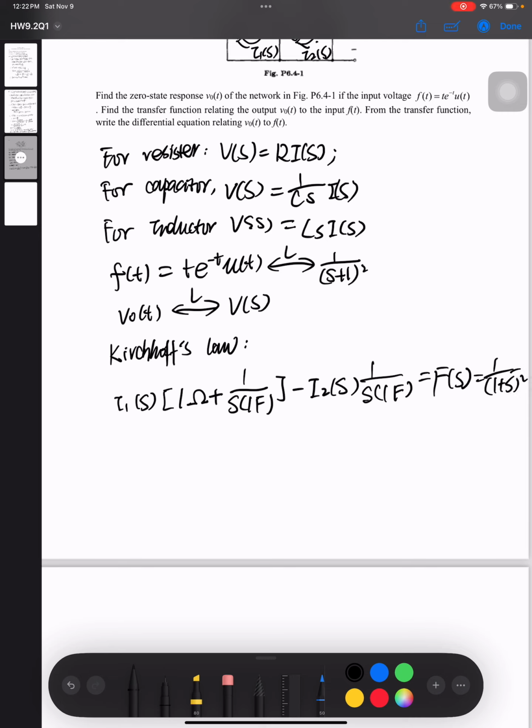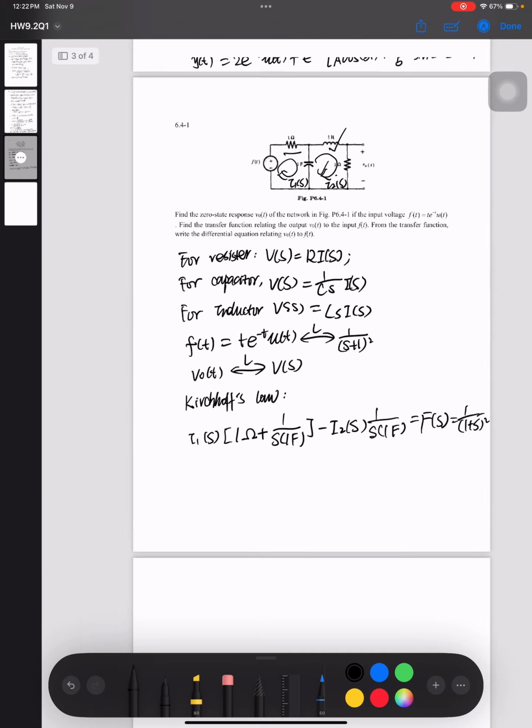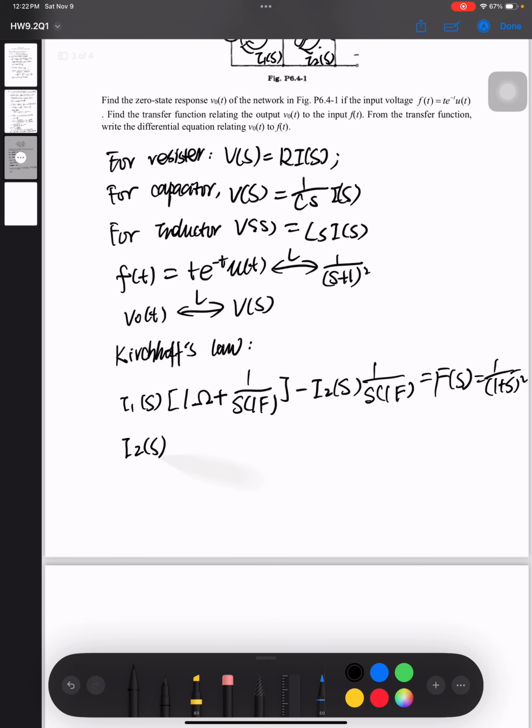And for the second loop: I2(s) times (1 over s times 1 farad plus 1 ohm plus s times 1 henry), minus I1(s) times 1 over s times 1 farad, equals 0.